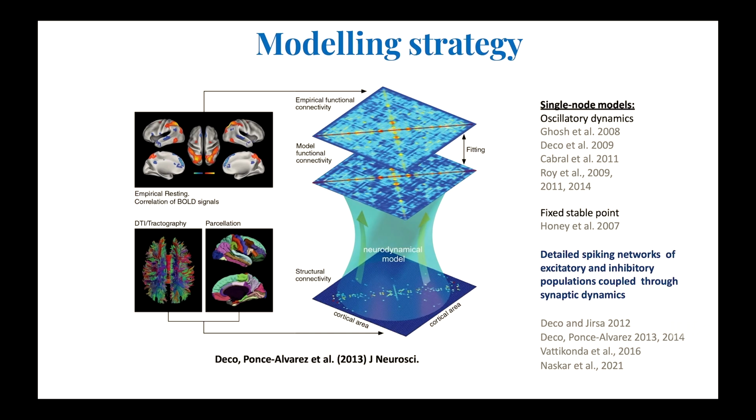And if you have a structural connectivity, which is the connections between one cortical area and another, and you apply these neurodynamical models and embed them in each of the brain regions, they can actually produce functional connectivity in a bottom-up fashion.